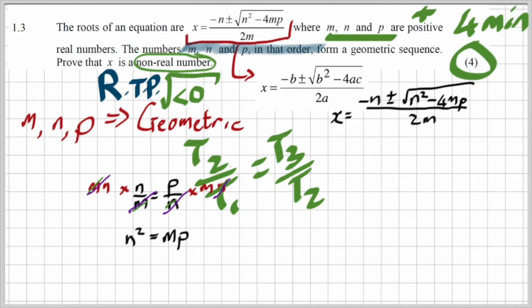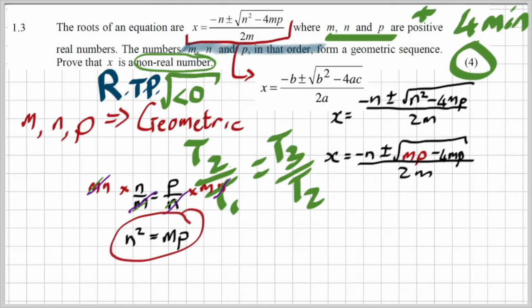I hope you see it as well. That I actually have an expression for N squared. That N squared is actually M times P. So I substitute that in for N squared, M times P. And let's see where we go.